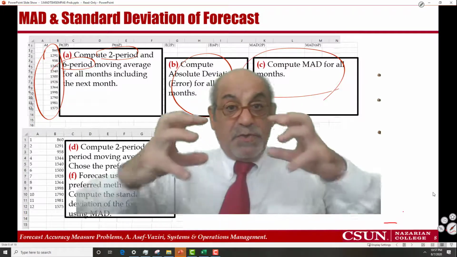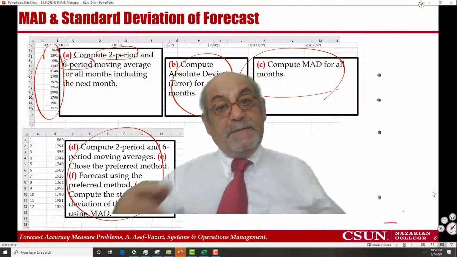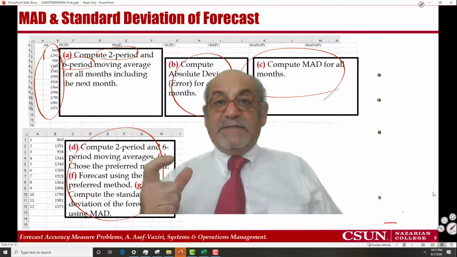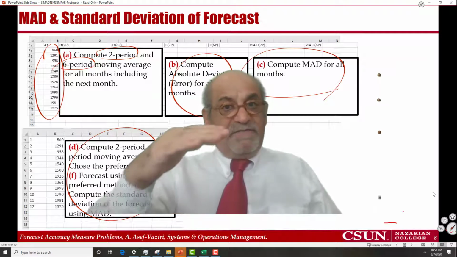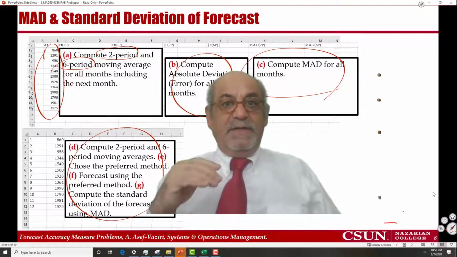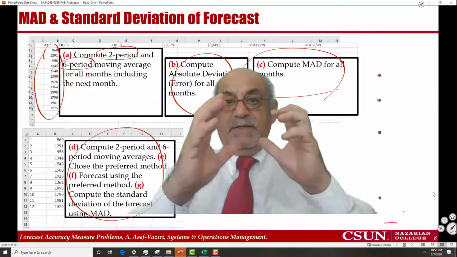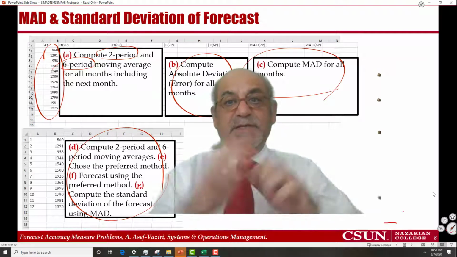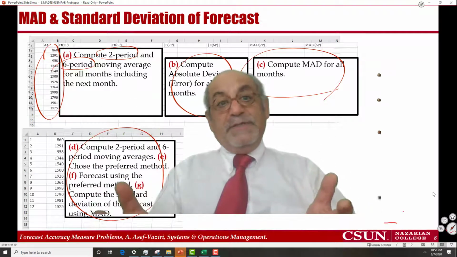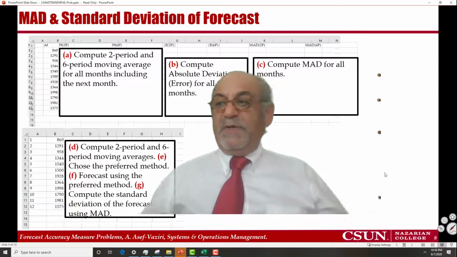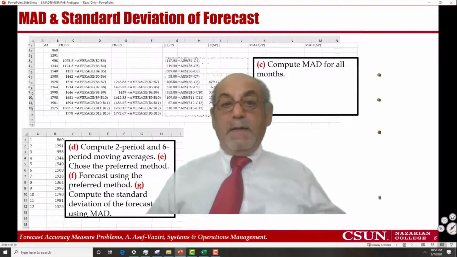But when I am going to compare these two methods, which is the case in the last part, since for 6-period moving average I have data only from period 7, then for 2-period moving average also I should consider data from period 7 to 23 and then compare these two together. So you can do these computations, and when you are done with one part, you can click on this and you will see the answer.